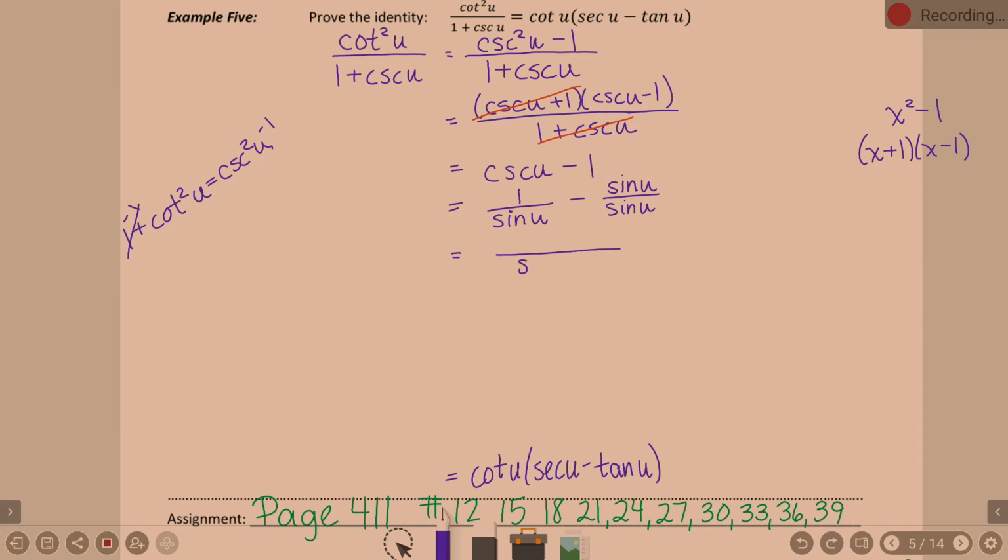Common denominator of sine u, what's going to be on top? 1 minus sine u. Now, this is where we stop to see what we have besides a mess.